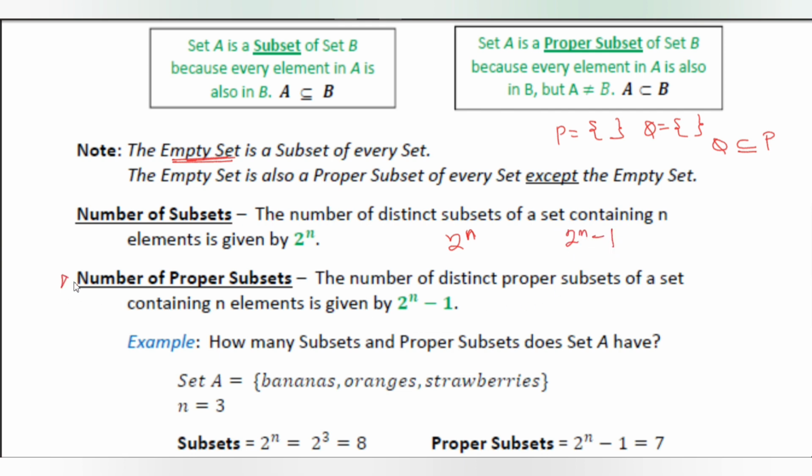The number of subsets is referred to as the power of a set. So the power of a set is the number of subsets that can be formed from a given set.